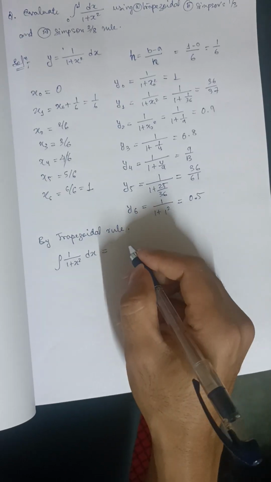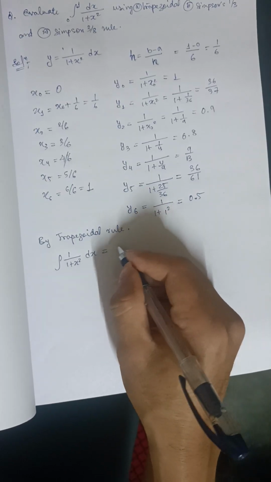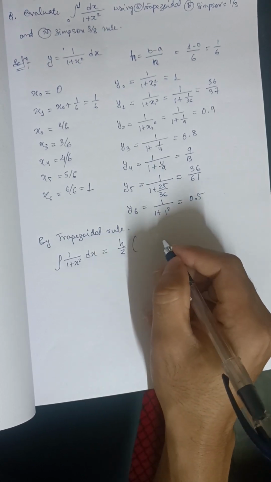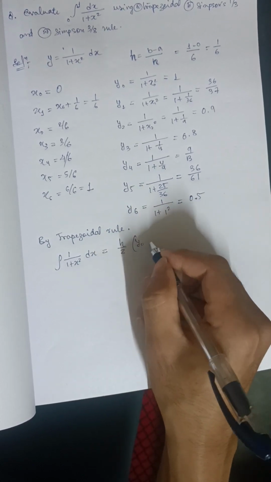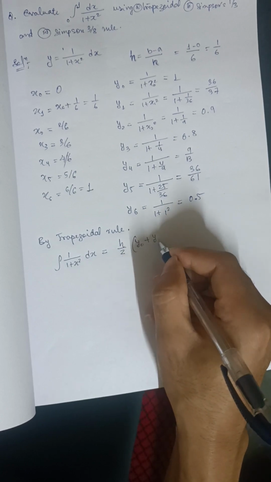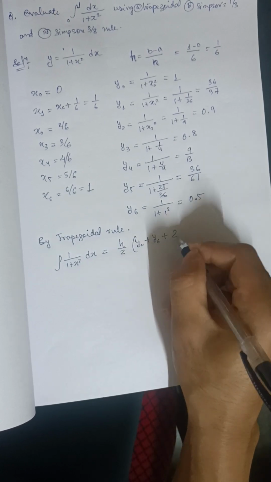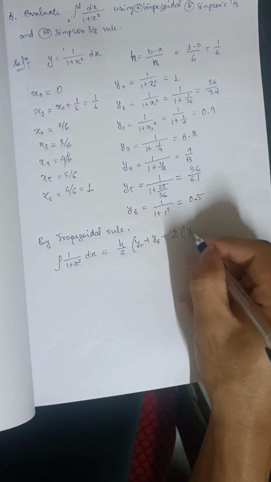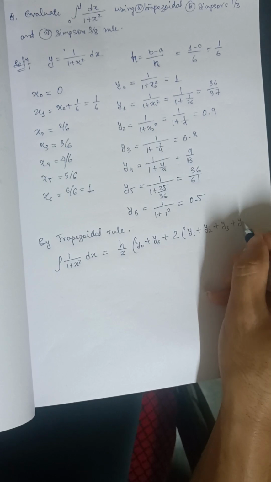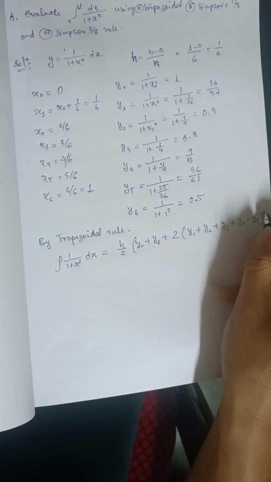We know that the formula is h by 2, first term and the last term. So the first term here is y0, and the last term here is y6, and then plus 2 times the remaining terms, that is y1 plus y2 plus y3 plus y4 plus y5.